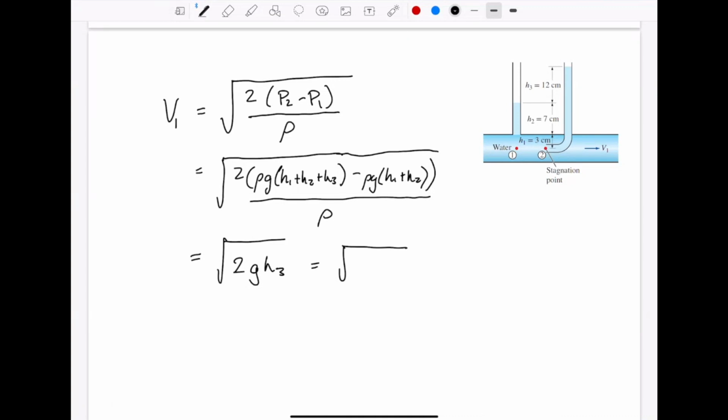So that's equal to the square root of 2 times 9.81 times h3, which is 0.12 meters. So our final answer is 1.53 meters per second.